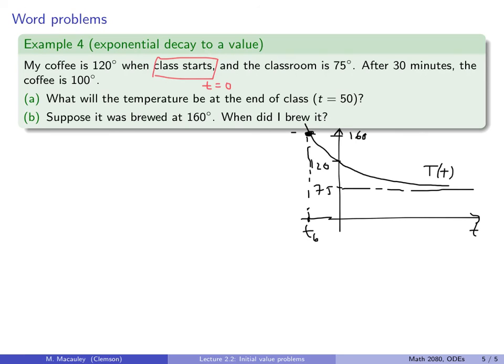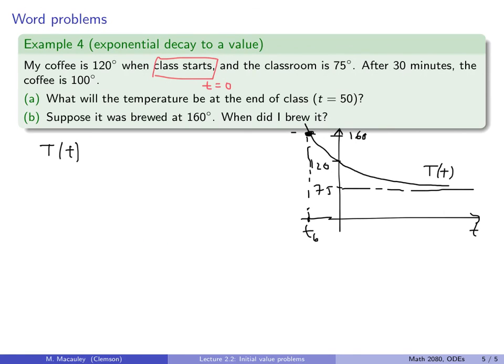Okay, so how do we do this? Well, let me rewrite the solution that we have so far. Our particular solution, again, this is our particular solution satisfying these initial conditions.